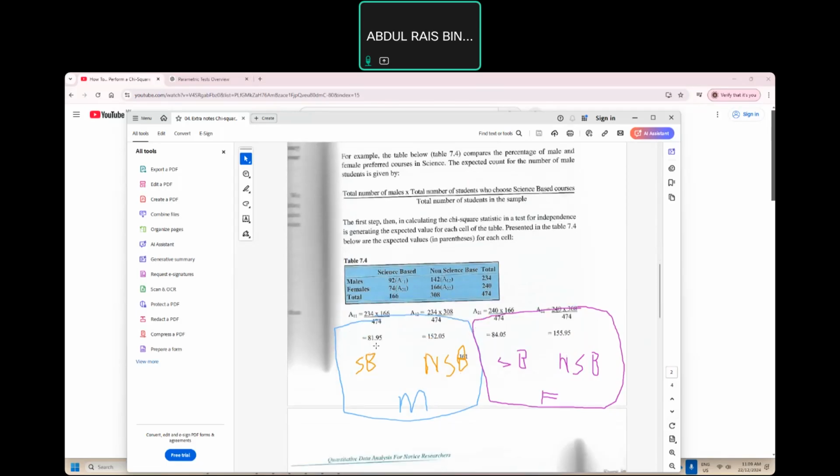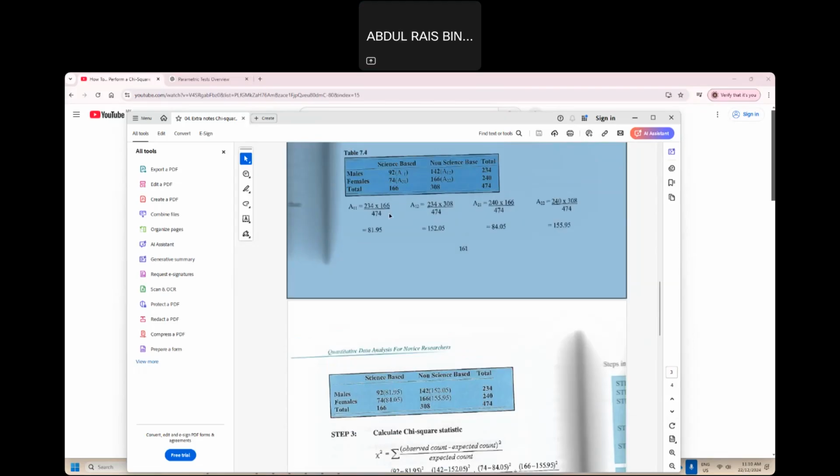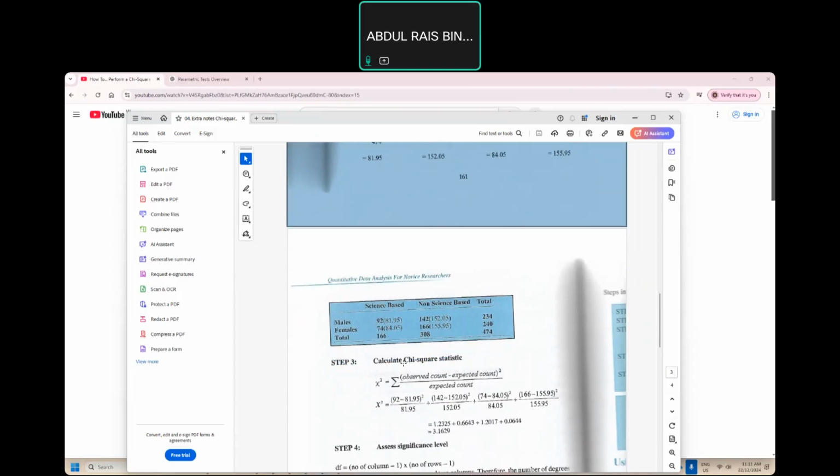So we get these expected values from these four groups. Okay. Once we get the expected value for each response, we put the value inside for A11, A12, A21, and A22. And baru kita proceed to calculate the chi-square statistic.